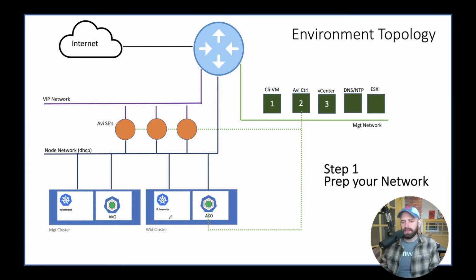Finally, if you know anything about Kubernetes already, you probably know that Kubernetes clusters have their node network, right? And that's the actual IP that you give the Kubernetes VMs, so the worker nodes and the control nodes. But they also communicate and have different subnets for their pods. We're going to specify that at deploy time, okay?